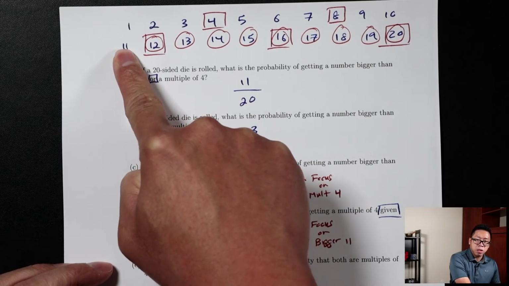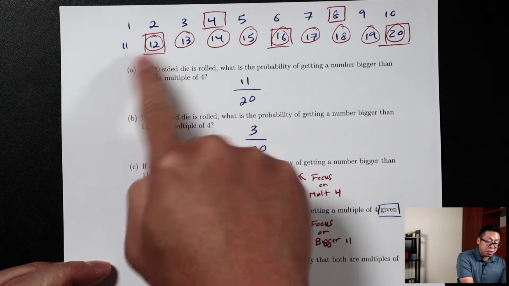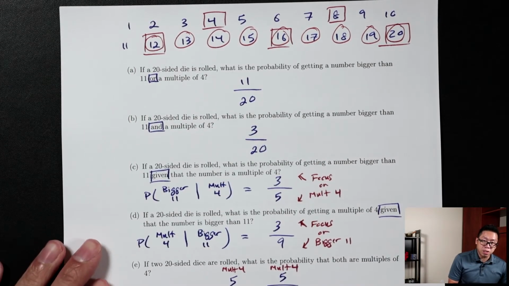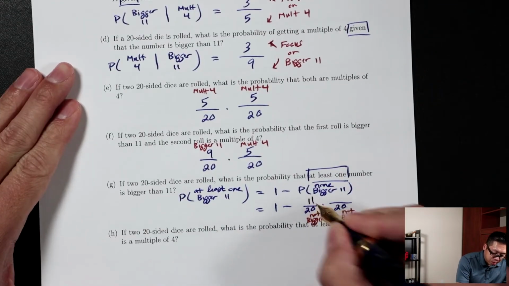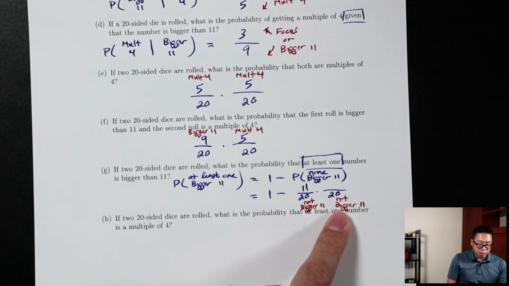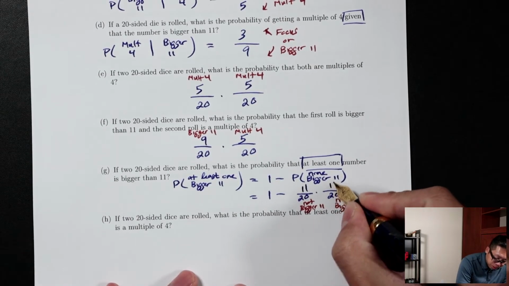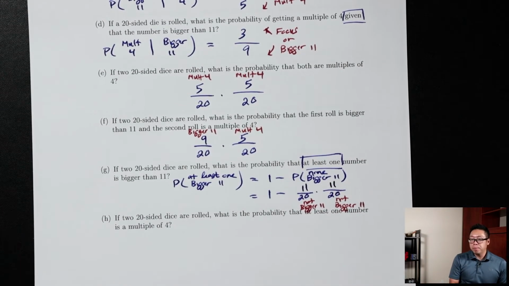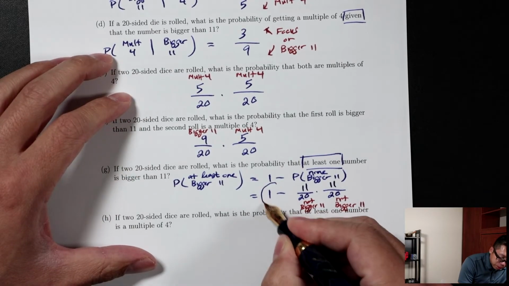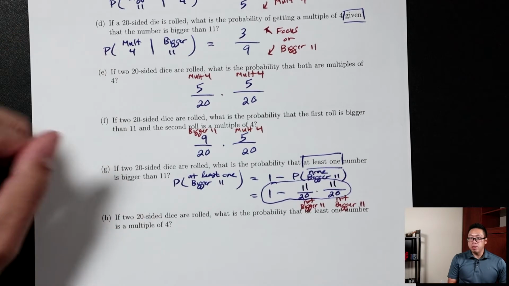So there are 11 numbers that are not circled. Second fraction, I also want not bigger than 11, and we don't have to reduce because we're talking about dice. So the second fraction will also be 11. So final answer will be 1 minus 11 over 20 times 11 over 20.